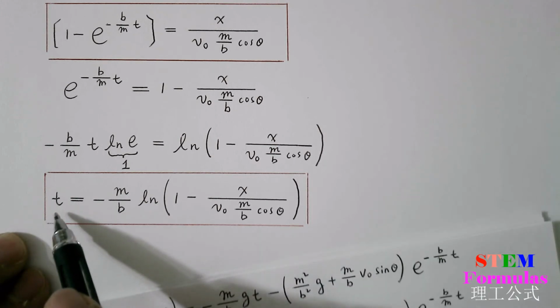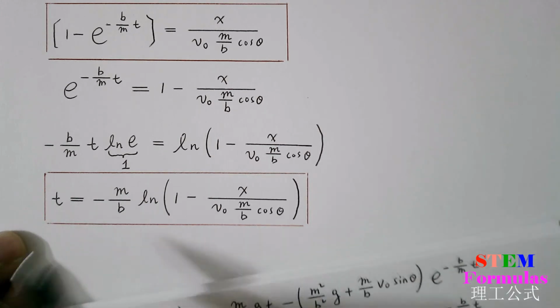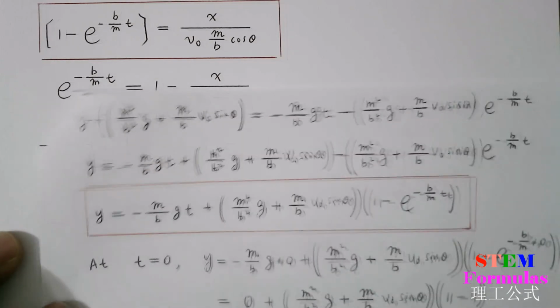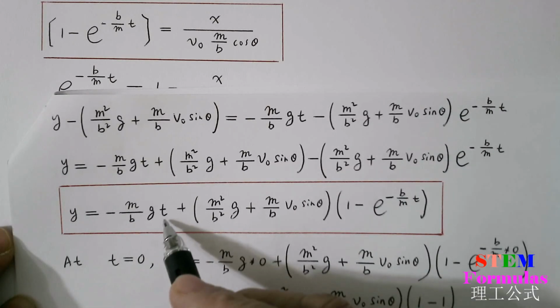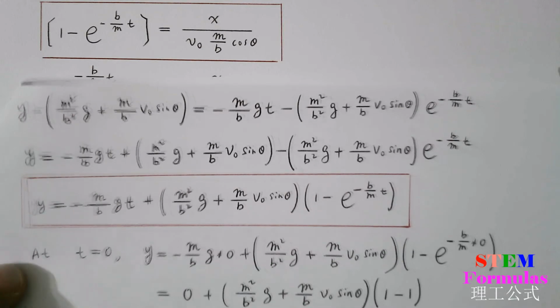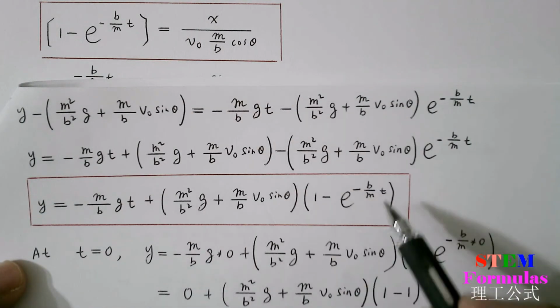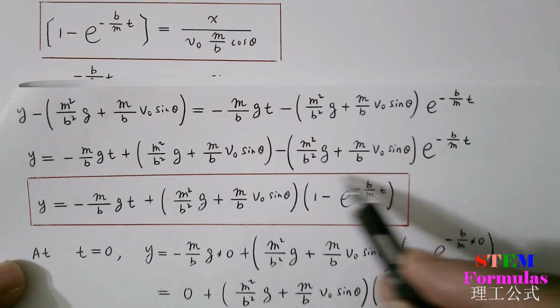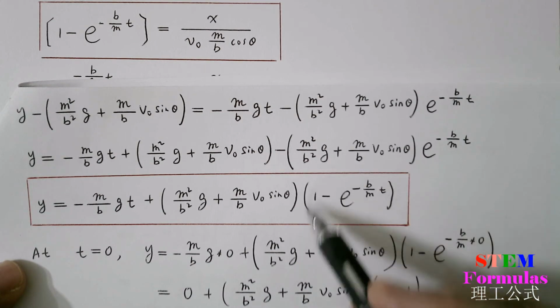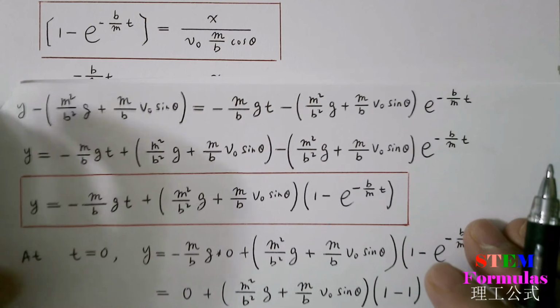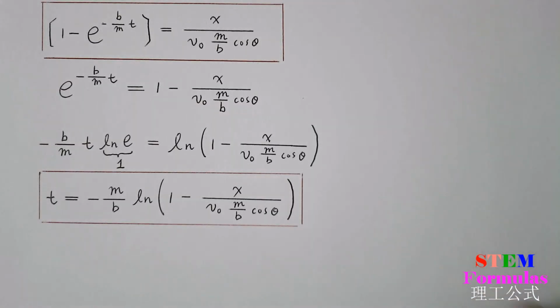This t we can substitute into here, and this whole term in the bracket we can substitute here. So we get the following.